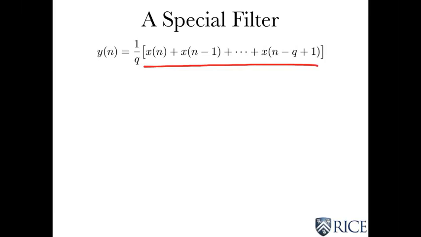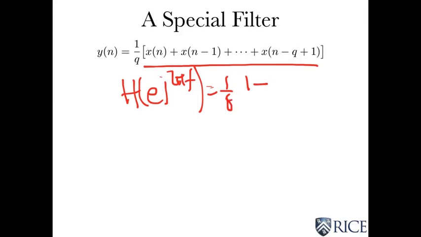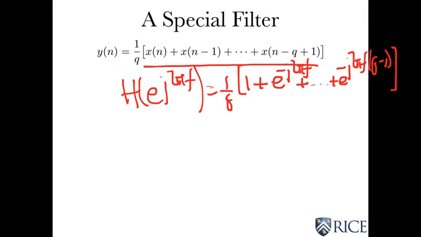So the transfer function here is going to be 1 over q times 1 plus e to the minus j 2 pi f plus e to the minus j 2 pi f times q minus 1. And all the filter coefficients are 1 over q.